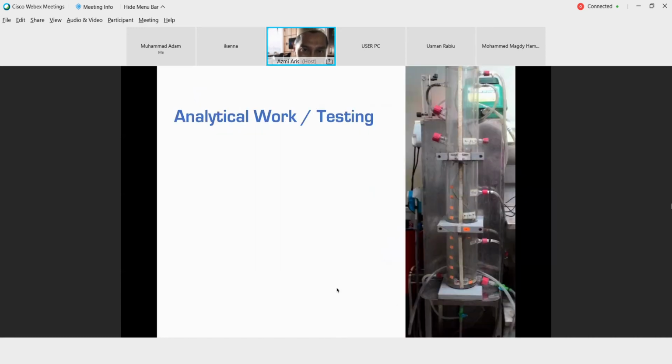Again, for the analytical work and testing, as I mentioned just now, you must use standard testing methods. Or if there is no standard method for that, the method must be referred to previous work that has been justified or reviewed. And then your equipment needs to be calibrated as necessary. Some instruments require frequent calibration. Some will require maybe every 1 year, some maybe every 6 months.